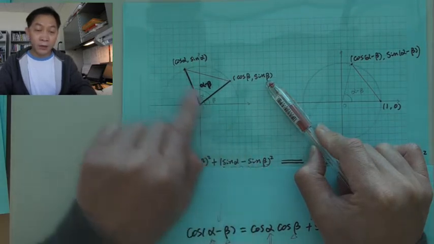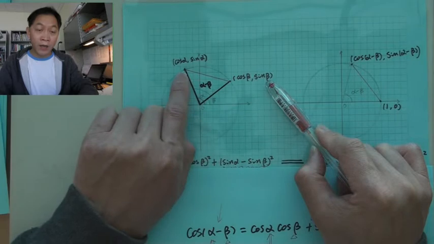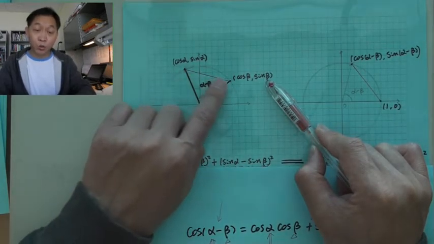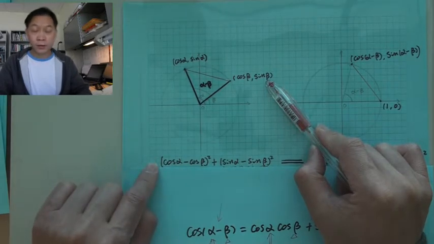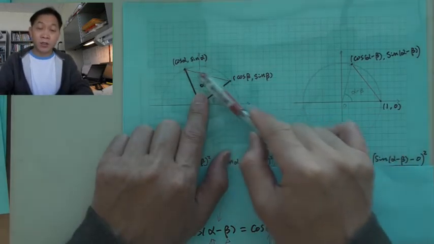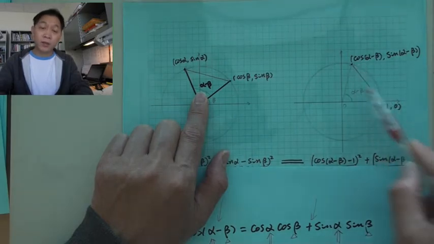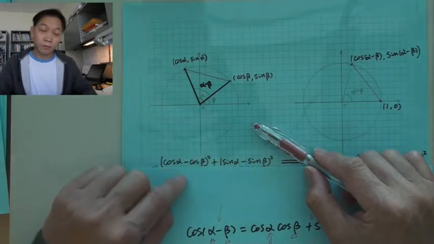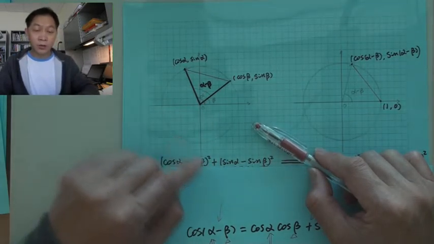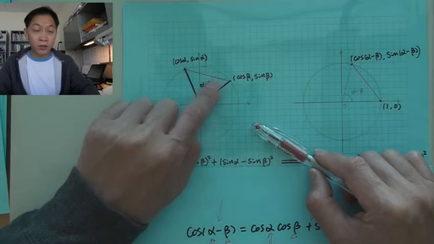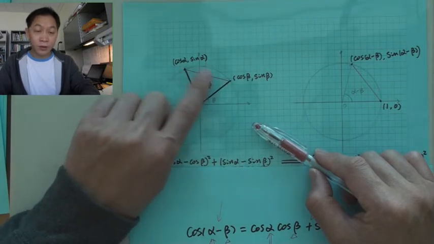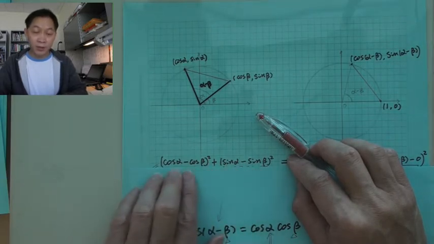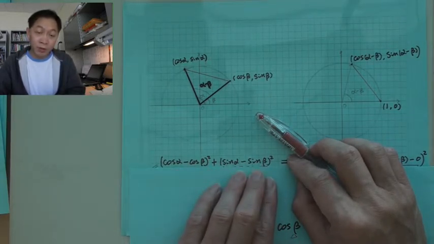So you get the distance of this red line, the red distance squared. Since the distances are equal, if you square the distance of this red line, they're still equal. So here we have the distance of these two points squared. That's by the Pythagorean theorem, or distance formula, if you want to say.